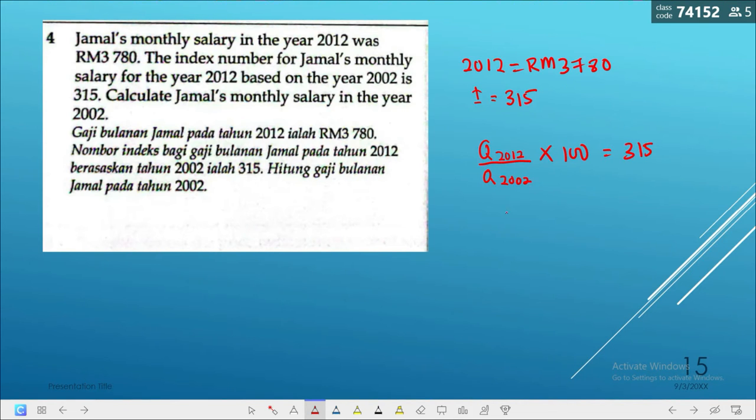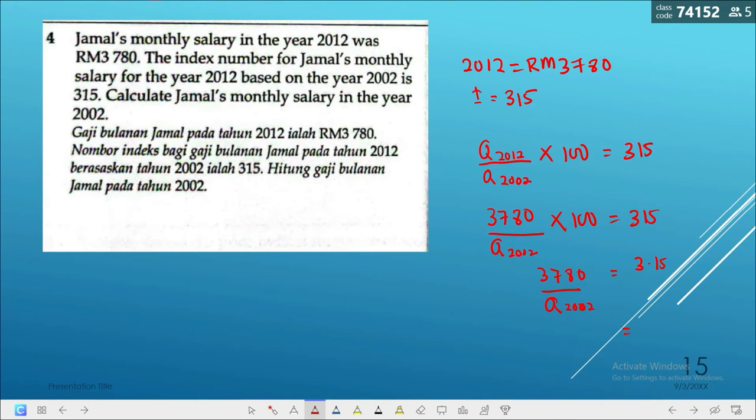So for 2012 they already give you the salary, 3,780. And 2002 you need to find, times 100, equals 3.15.